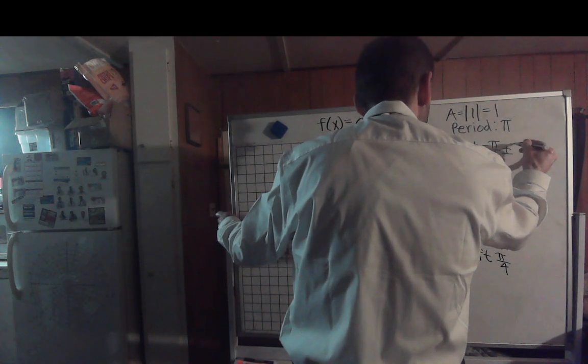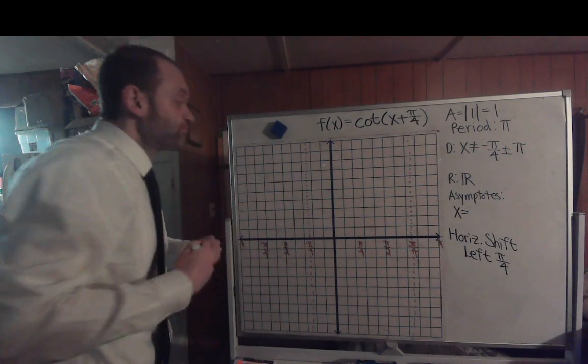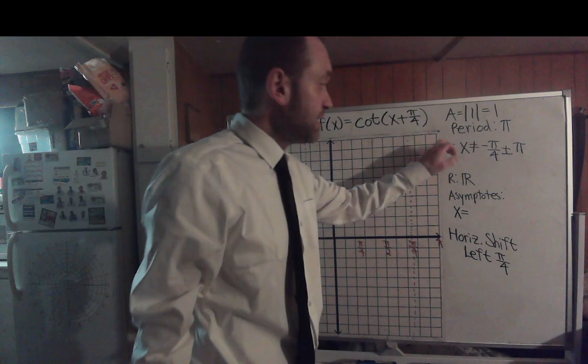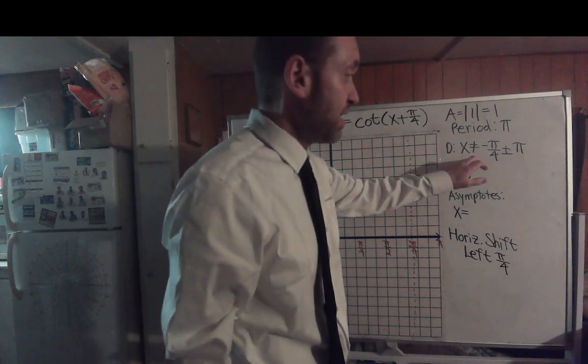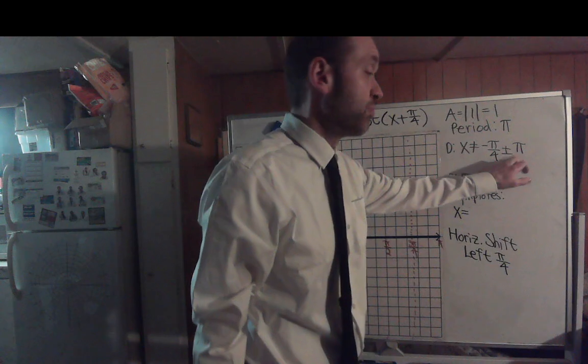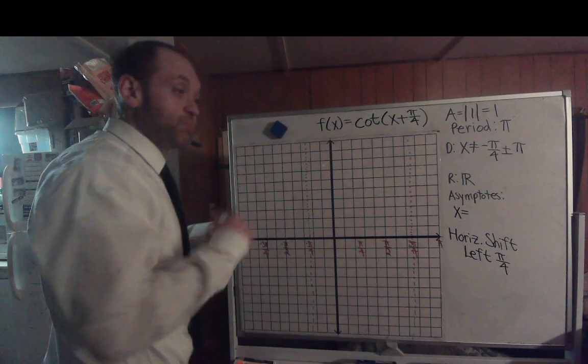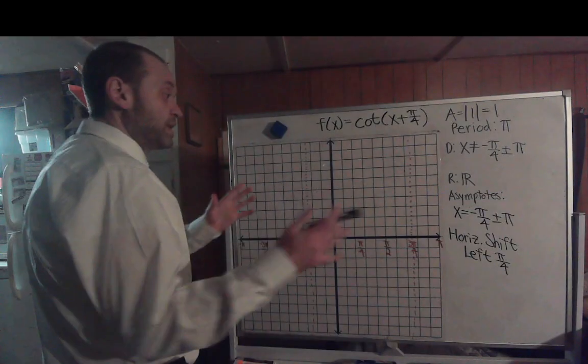Actually, it's probably best to write it as negative pi over 4 plus or minus pi. So your domain is all of x except x not equal to negative pi over 4 plus or minus pi, which means your asymptotes are going to be at x equals negative pi over 4 plus or minus pi. Alright, so we got everything labeled.